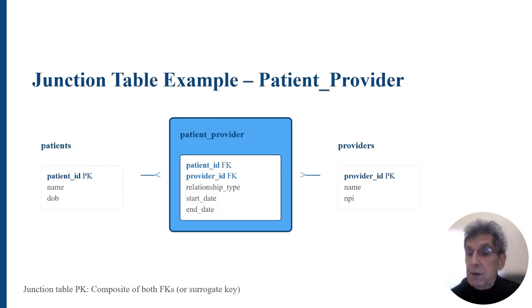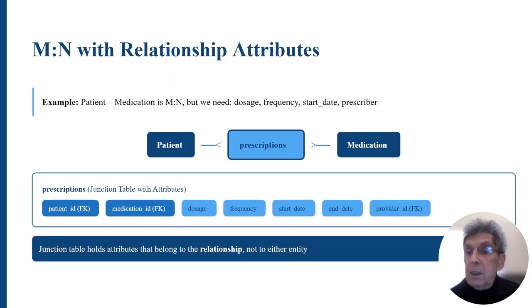Add a patient-provider ID column as the primary key. Now the same patient-provider pair can have multiple records, useful if the patient stops seeing a provider and then starts again. The choice depends on your business rules. For many healthcare scenarios, the surrogate key with separate unique constraints offers just a little bit more flexibility.